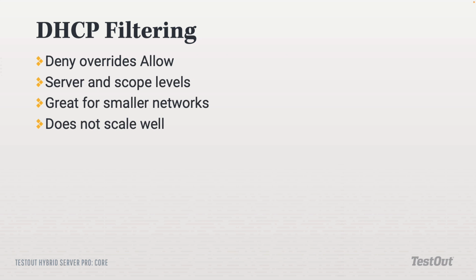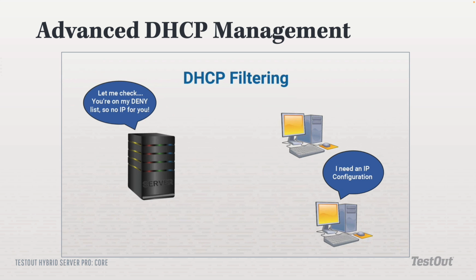With that, it helps with keeping the network secure and making sure that right from the rip we're not passing out IP addresses to the bad guys. Now, can the bad guys still just set a static IP? Absolutely, right? We can't necessarily stop them from doing that.